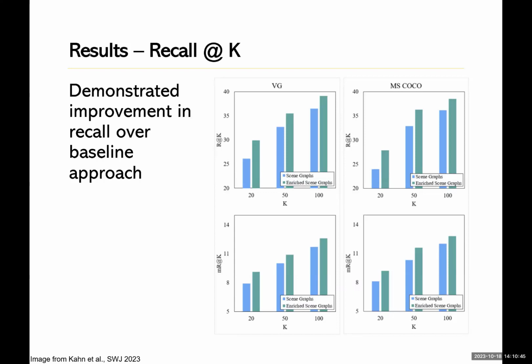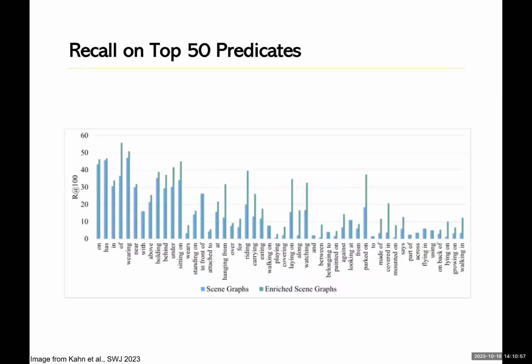So all the typical recall at K, and mean recall at K, everything is increasing as a result of the process. You also see some evidence here, although I would like to explore it further, that some of these lower frequency predicates now jump up a lot.